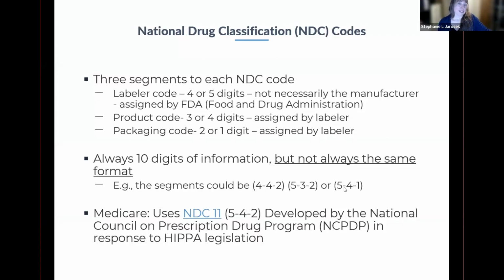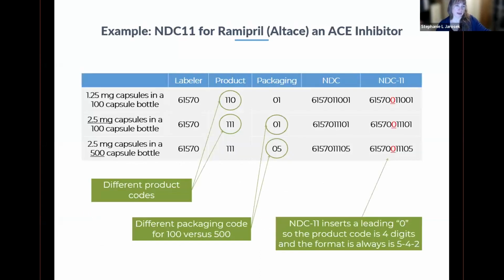But when Medicare uses NDC 11, it will always be 542. So this was developed by the National Council on Prescription Drug Programs in response to the HIPAA legislation. So this is a standard that often billers will use, but it's not necessarily the standard that you will find on NDC directories, for example.